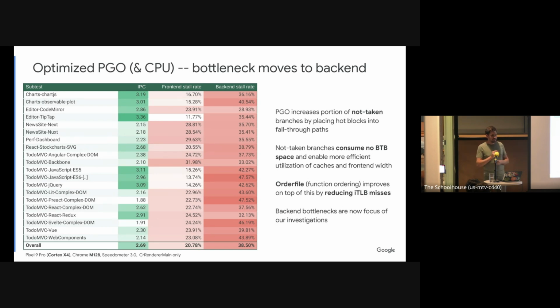That's where PGO and build optimizations won't really help us anymore. Backend stall is mostly influenced by data accesses. So what are we loading, rather than what code is it that is executing.